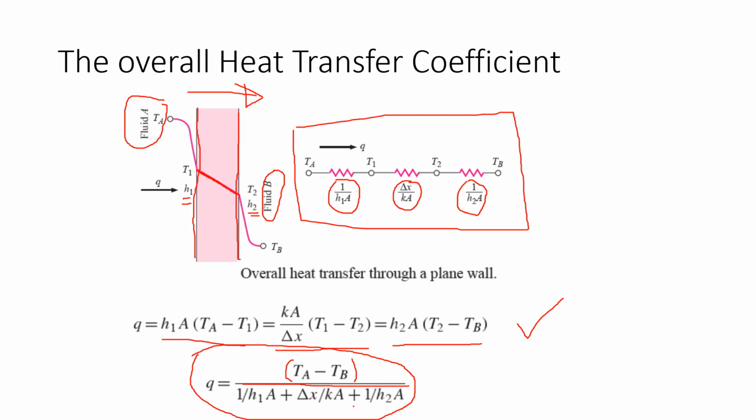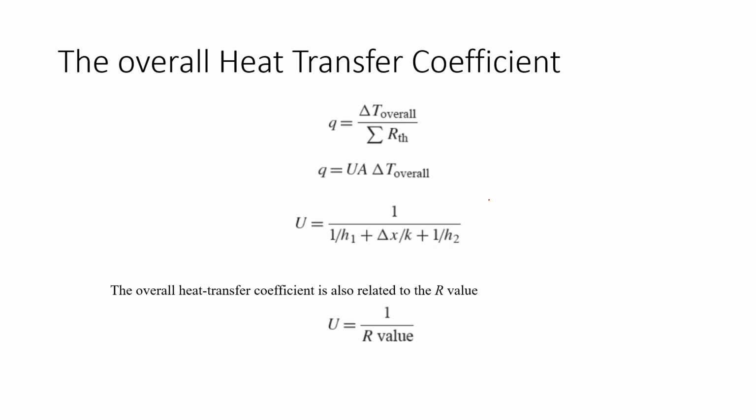In this case R thermal में convection resistance इधर involve है, conduction resistance involve है और convection resistance number 2 involve है. So again rate of heat flow is delta T overall divided by summation R thermal. We can rewrite this equation as this equation.